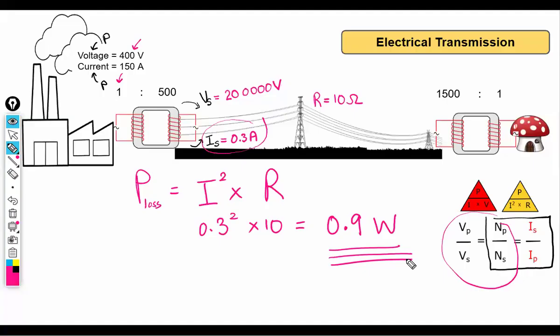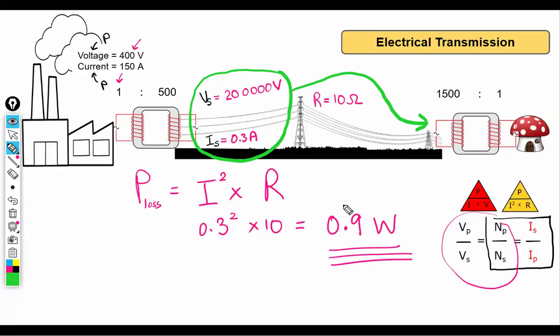But we have a little problem. Remember, I'm going to circle these values in green so you can focus on them. These values are going to be sent to your house. Now, here's the thing. The current is not a problem. The current is 0.3 amps.